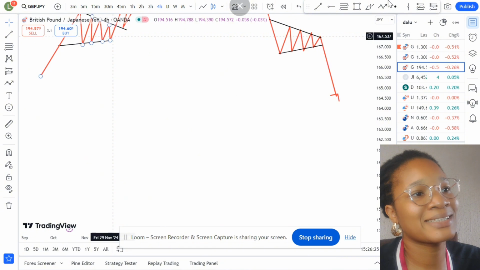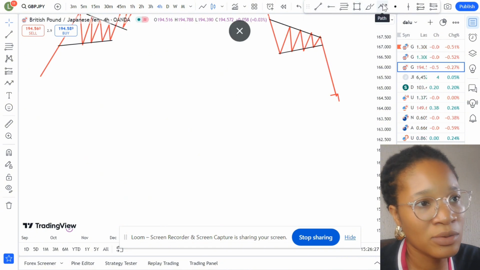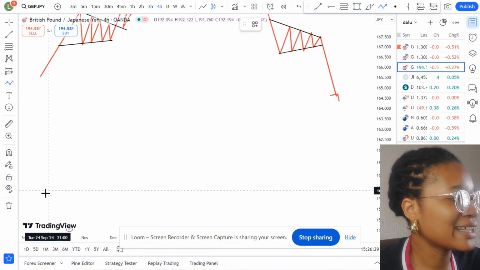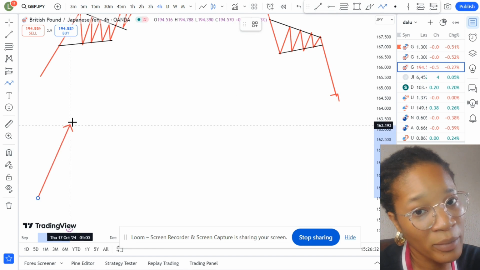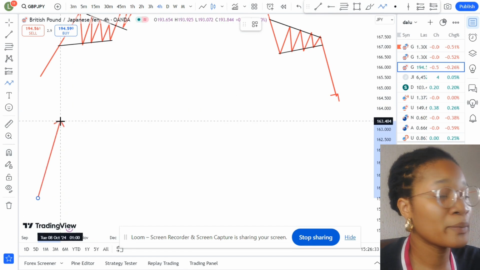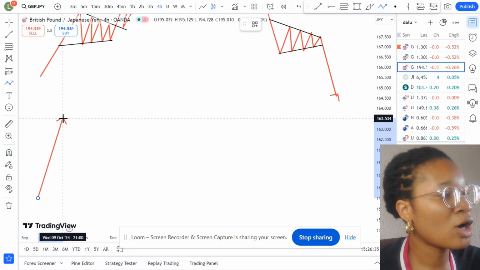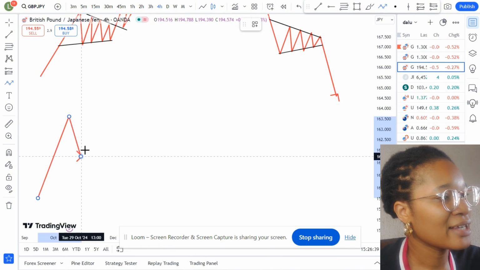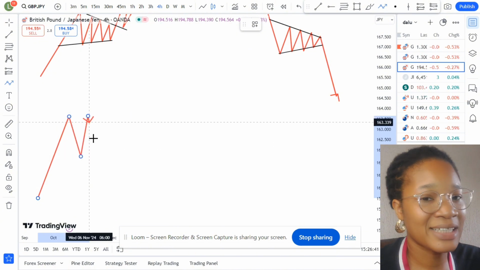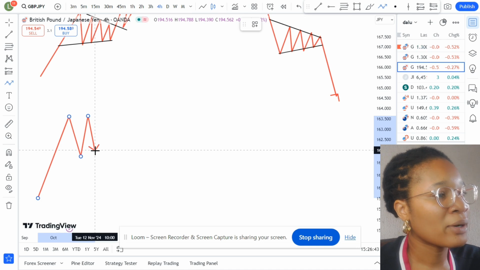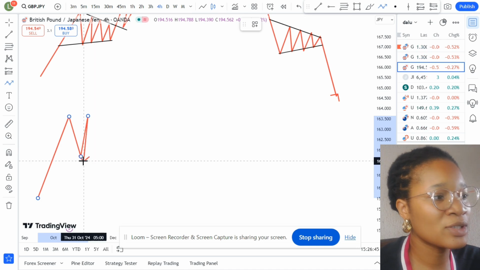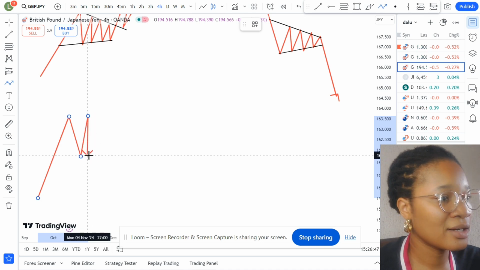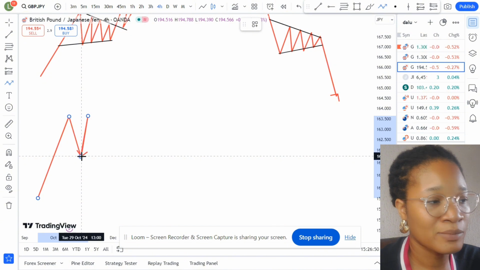We also have the ascending and the descending triangle, right? So the ascending triangle, let's say price is coming from here, from the buy side, and all of a sudden you just see price always trying to hit a resistance zone, right? But then when it comes back, it doesn't return to the existing support zone.